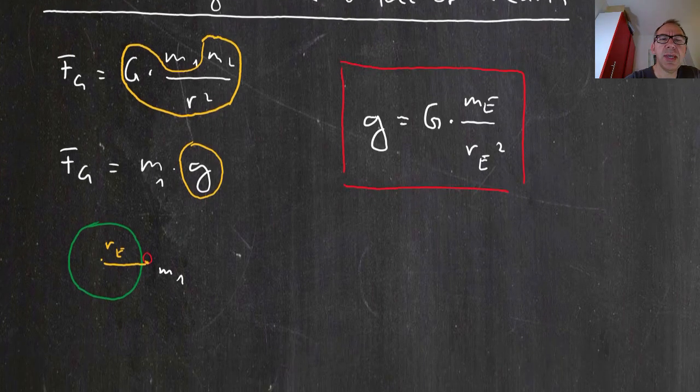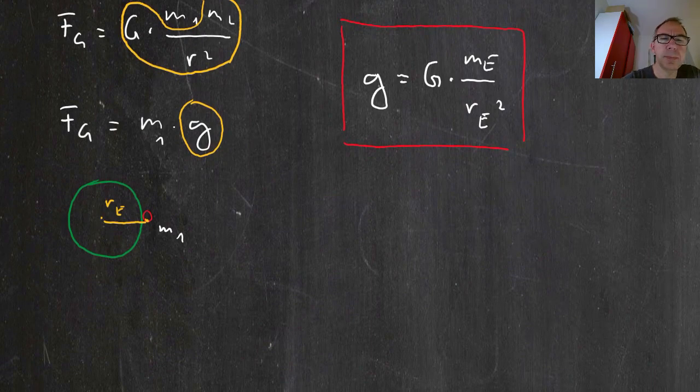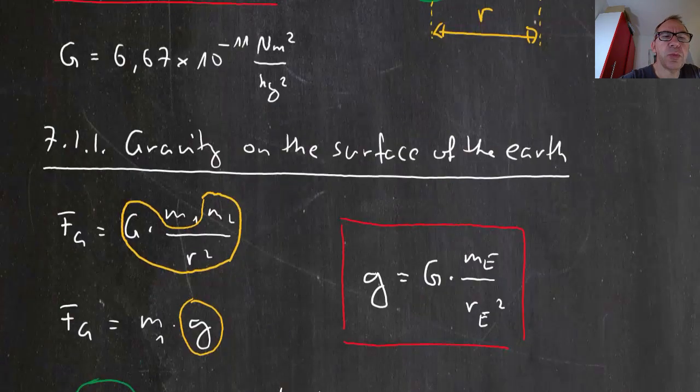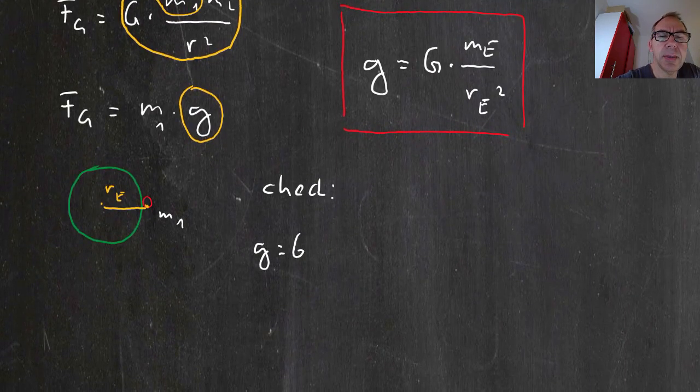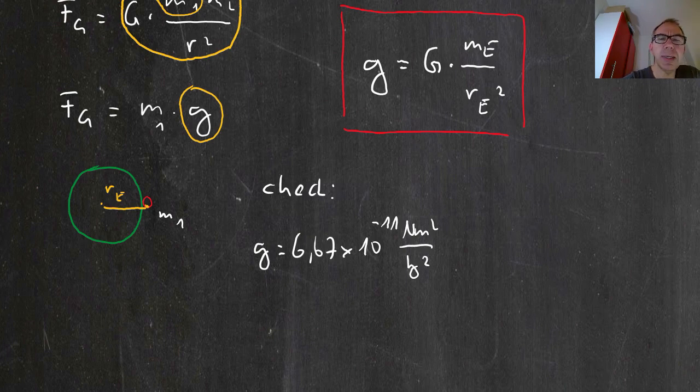So let's check this. G we can get from above: 6.67 times 10 to the minus 11 Newton meter squared over kilogram squared.